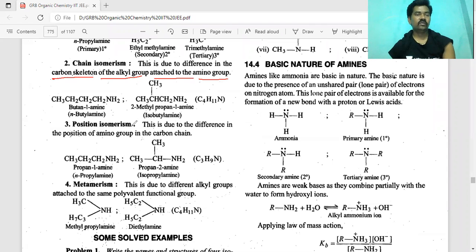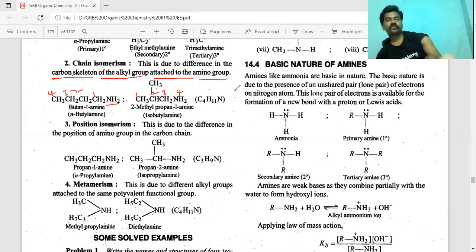Here you can see butane-1-amine. According to the nitrogen we should give the name: 1, 2, 3, 4. So butane-1-amine, common name N-butylamine. And this is 2-methylpropan-1-amine.